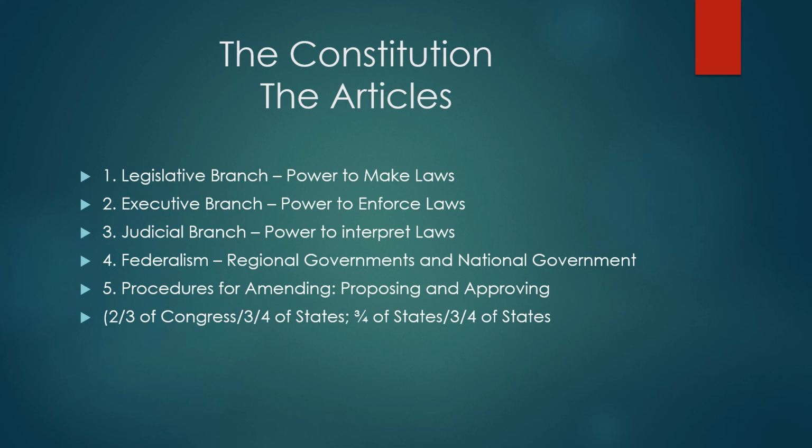And you can Google this as well. There are several ways this can happen, but basically, proposing an amendment either occurs with two-thirds of the Congress and then ratified by three-fourths of the states, or three-fourths of the states propose an amendment, and then three-fourths of the states have to ratify.